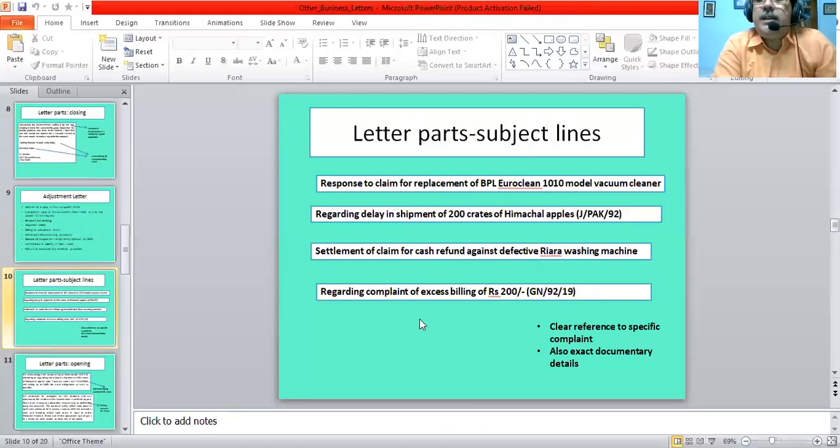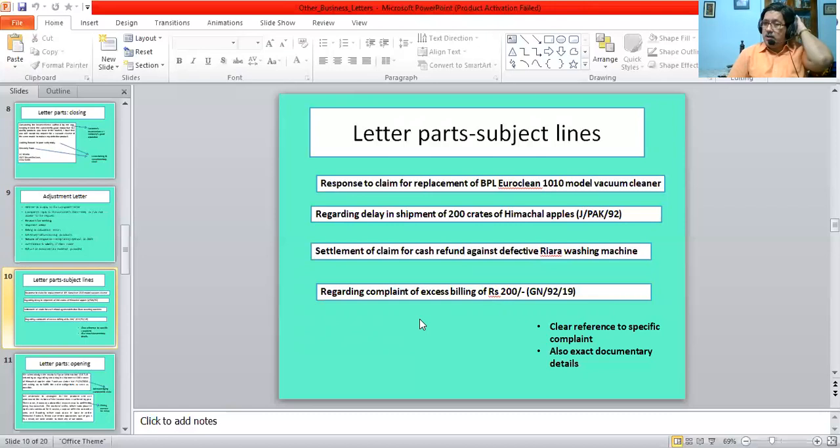So you will notice 200 crates of Himachal apples together with the order number. So the reference to the claim is clearly made, and the exact documentary details like excess billing of rupees 200 and the number of that bill GN 92/9.